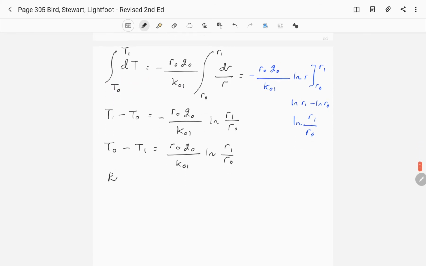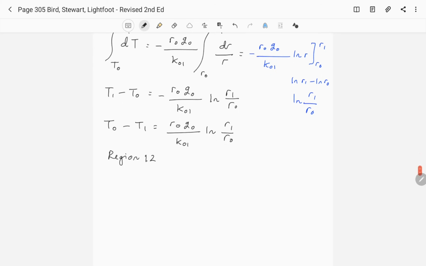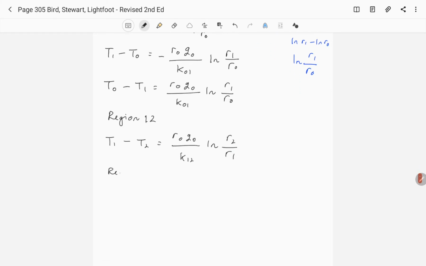And similar steps can be repeated for region 1-2, where we have the final expression T1 minus T2 equal to R0 Q0 divided by K12 times ln of R2 over R1, and also region 2-3, where we have T2 minus T3 equal to R0 Q0 divided by K23 times ln of R3 over R2.